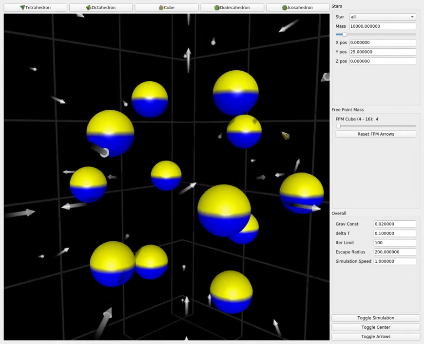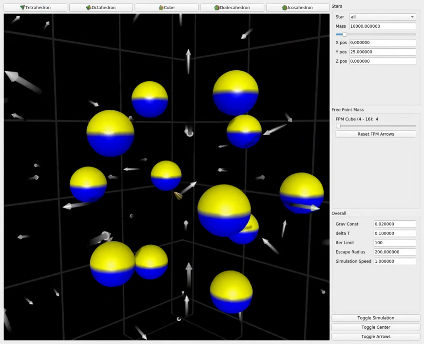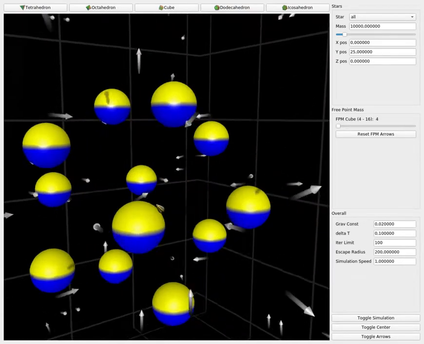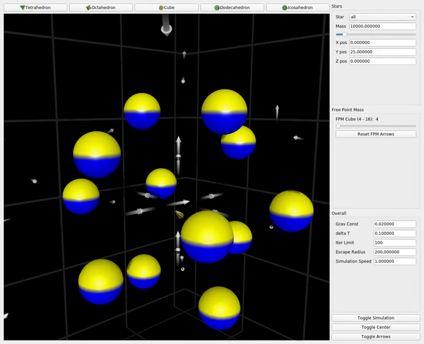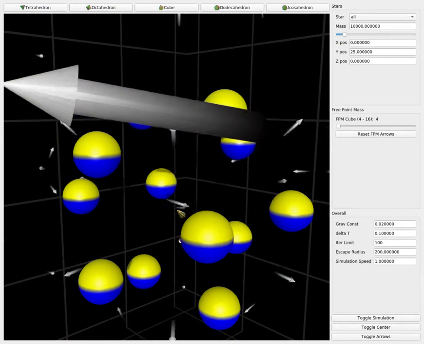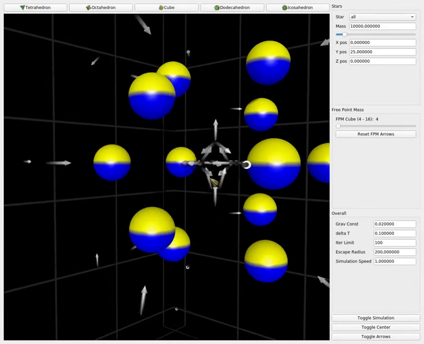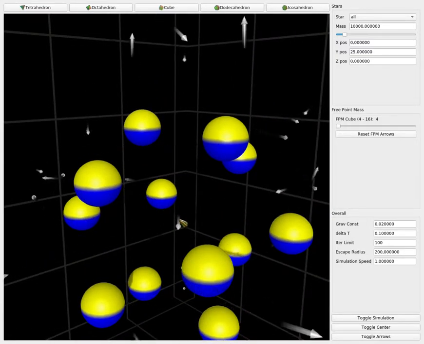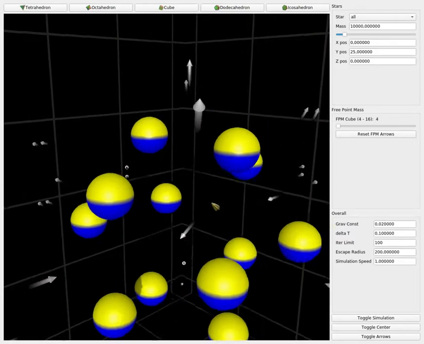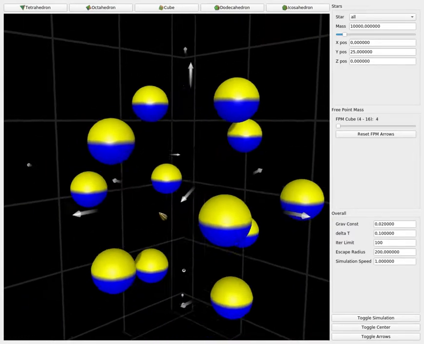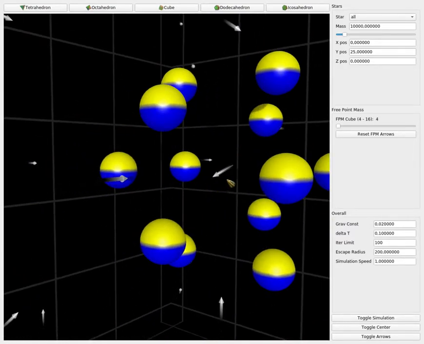It's being attracted to all the masses equally, and it just can't break out. You can think of it as a type of Lagrange point, a Lagrange point for fixed point stars. Yeah, it's just stuck there. It won't go anywhere.